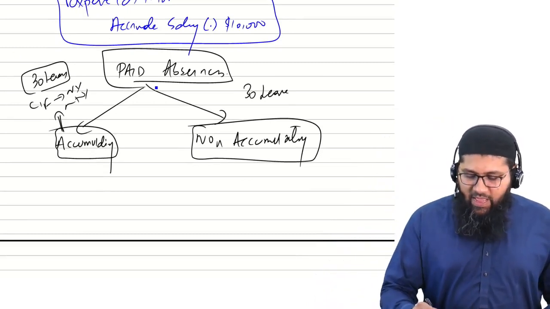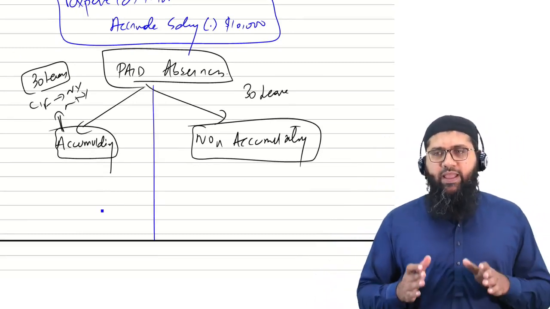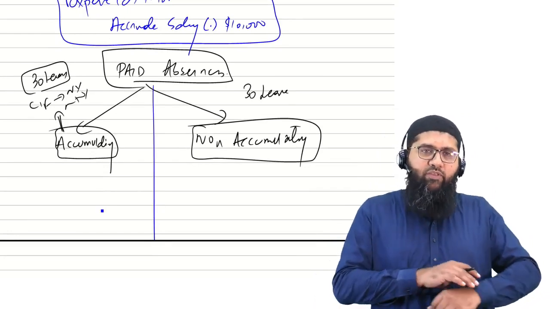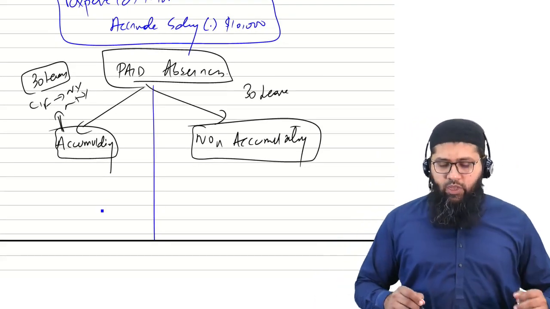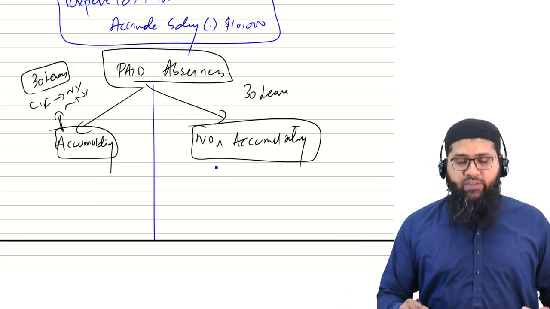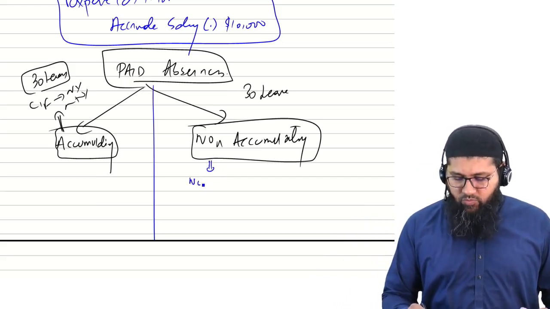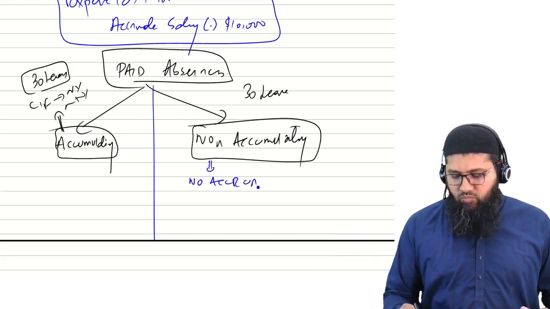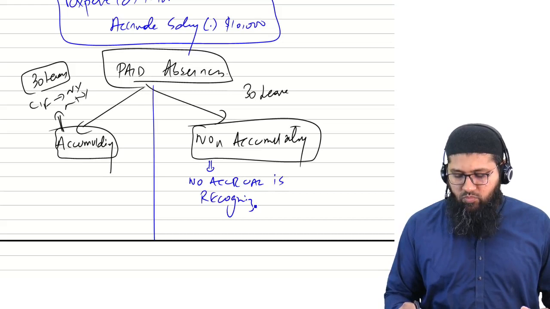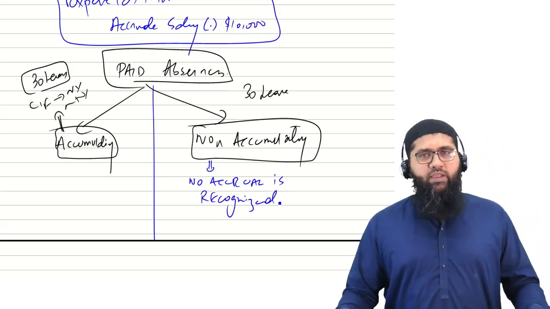Now, how exactly are we going to account for these accumulating and non-accumulating absences? With respect to non-accumulating absences, no accrual is recognized.